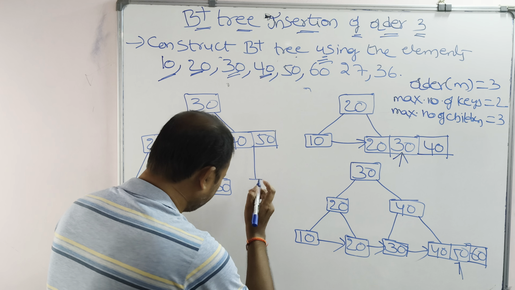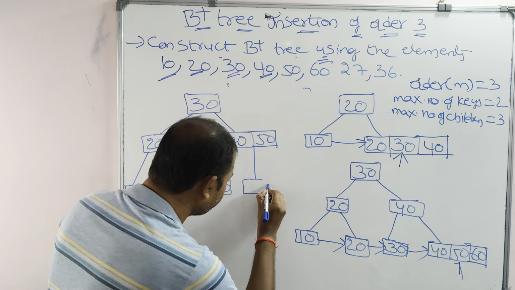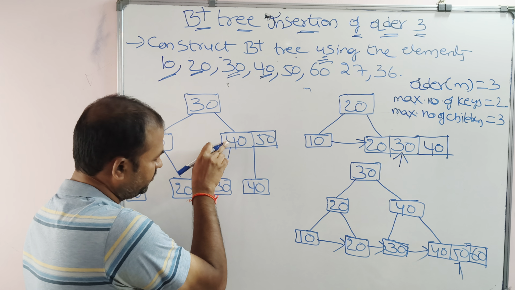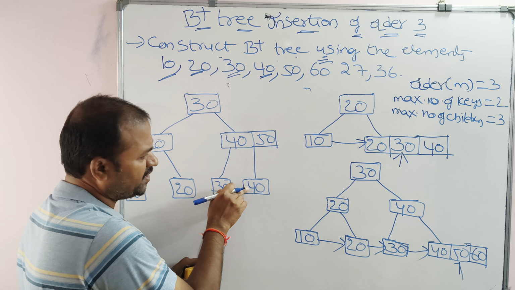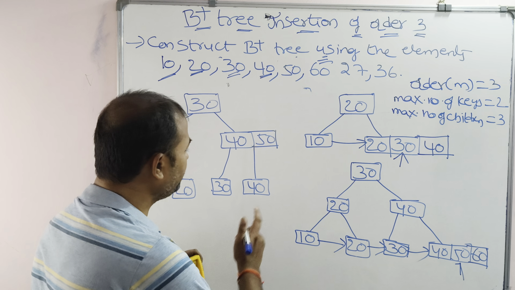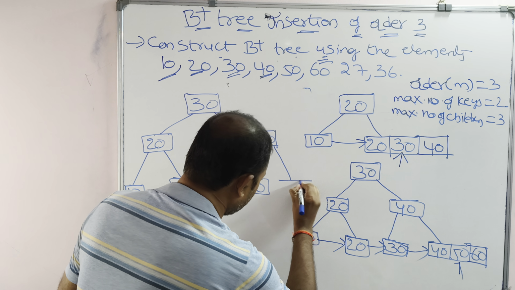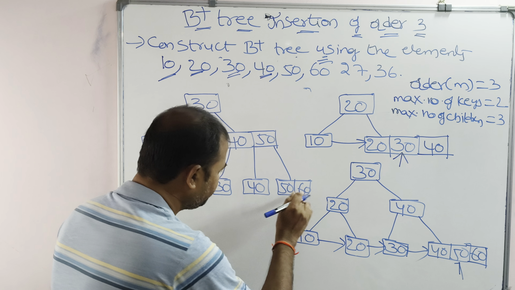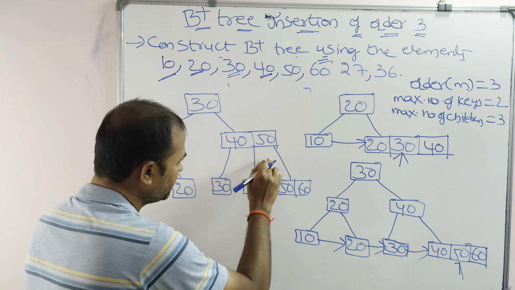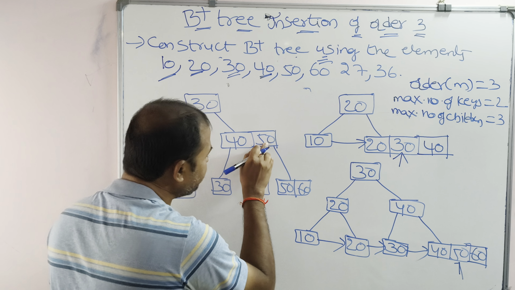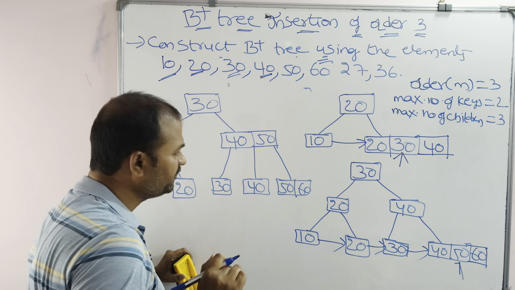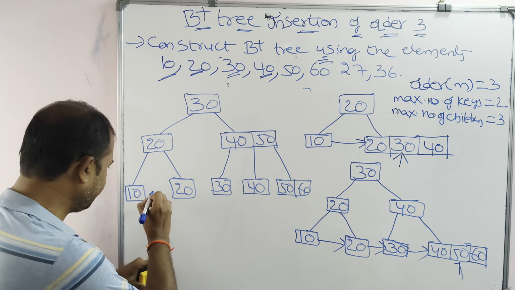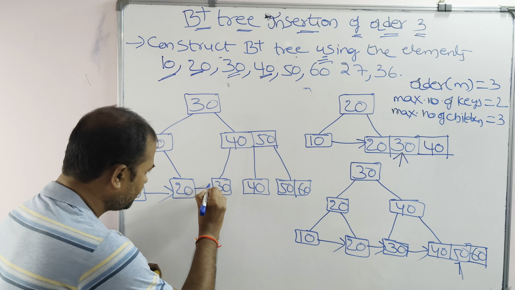We have to store 40 here. But this 40 is a pointer which is pointing to the key 40. Next we have to store 50, 60. Store 50, 60 here. This 50 is a key, whereas this 50 is a pointer pointing to the key 50. Next, connect using pointers in single linked list manner.